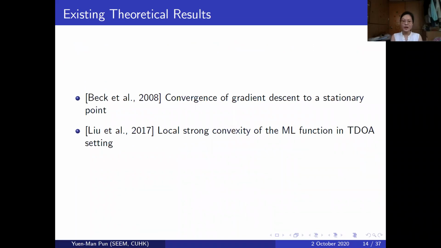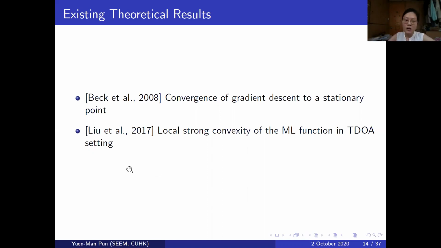Although TOA measurement-based localization is a well-studied topic and a lot of algorithms have been proposed for this kind of localization problem, there are actually very few theoretical results.